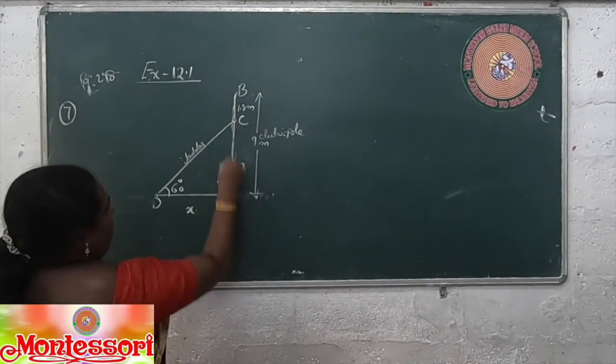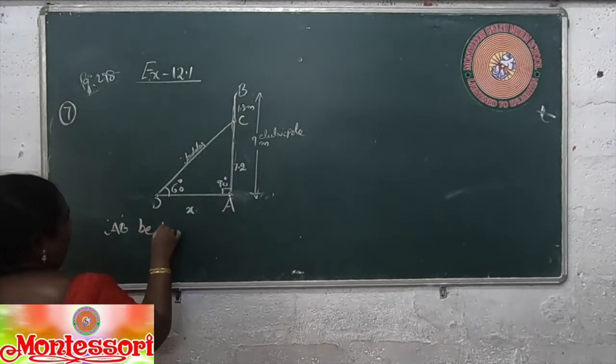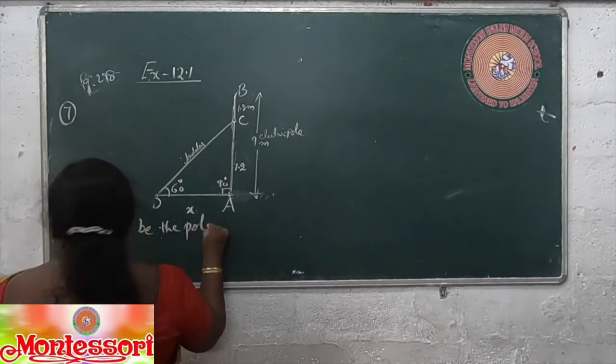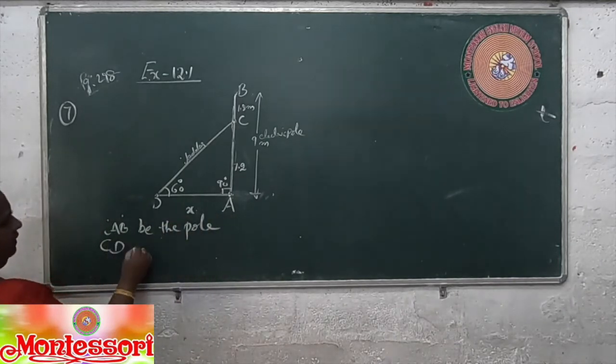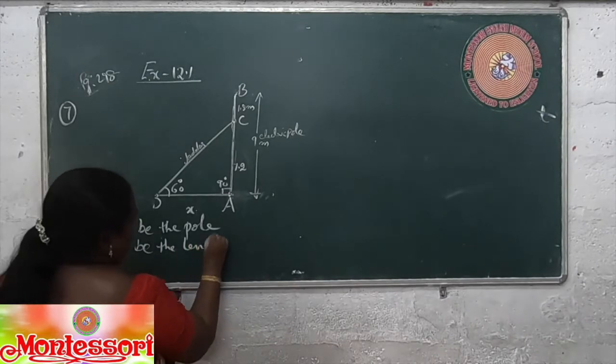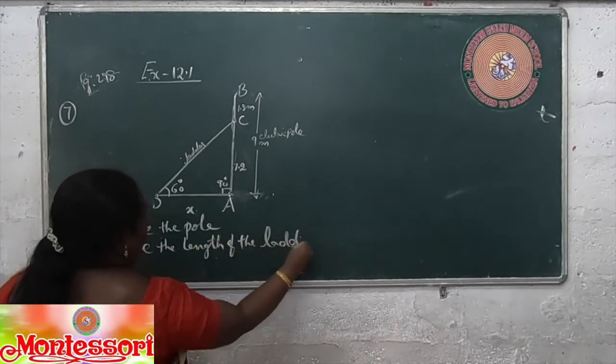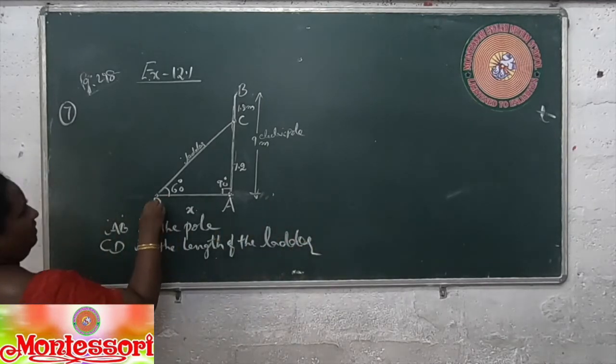AB is the pole, CD is the length of the ladder, AD is the distance.